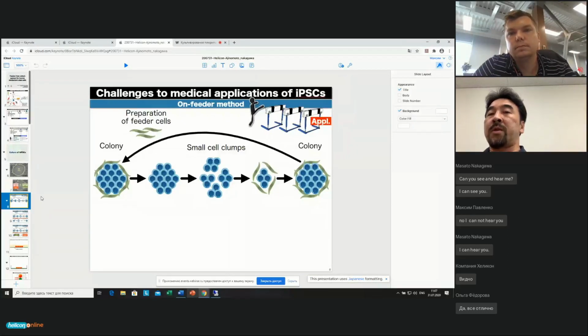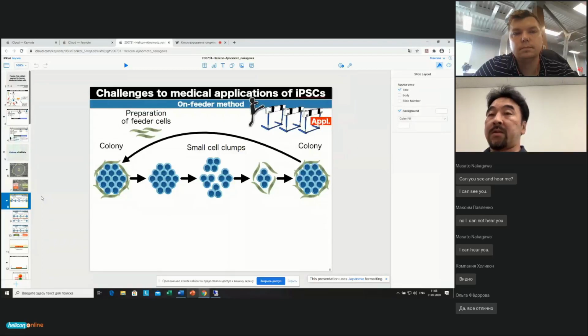Human pluripotent stem cells are co-cultured with feeder cells, green fibroblast-like cells. Before the passage procedures, first we need to remove the feeder cells.